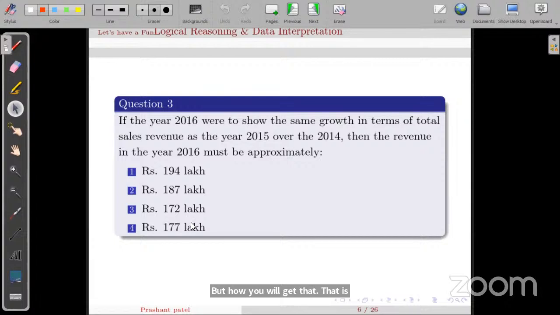That is also important. First of all, is everyone able to understand what the question is? Okay, Varun is understanding the question. Anyone who is not able to understand the question?